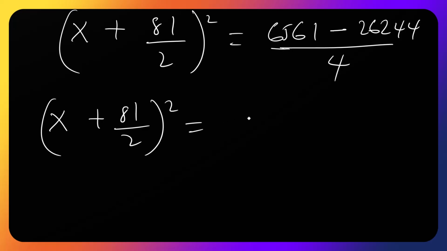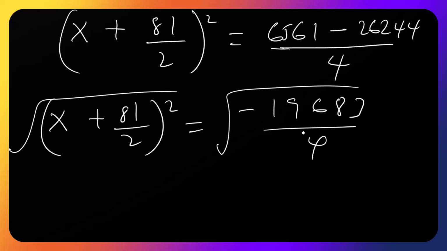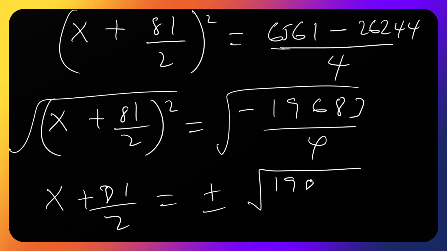So that will be 6561 minus 26244 over 4, which is minus 19683 over 4. So take the square root: x plus 81 over 2 equals plus or minus the square root of 19683 over 4, with an i because of this.